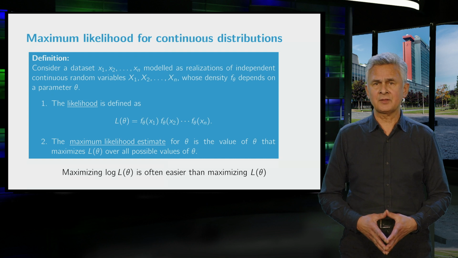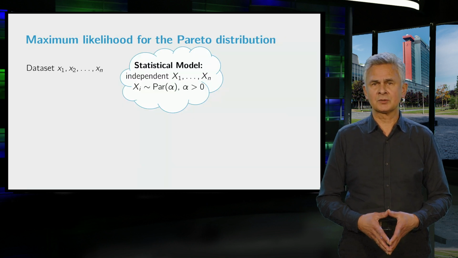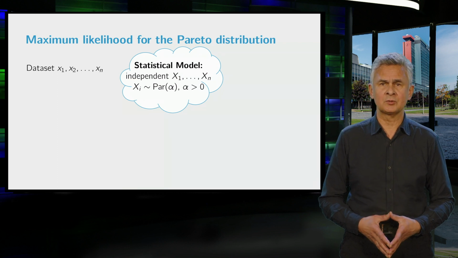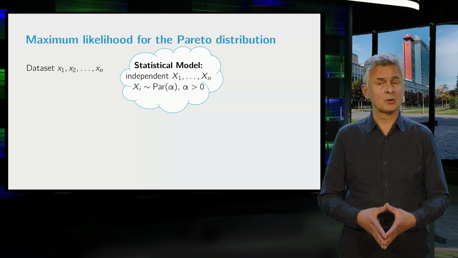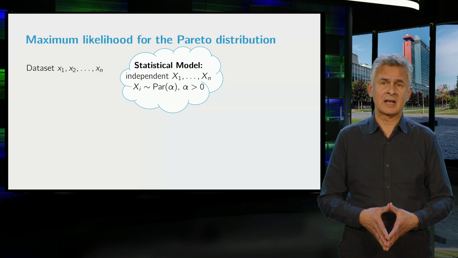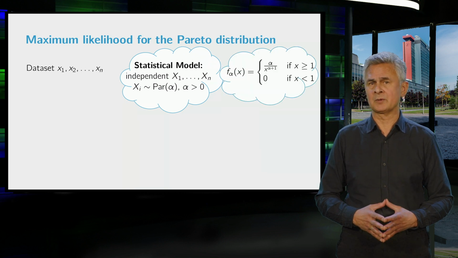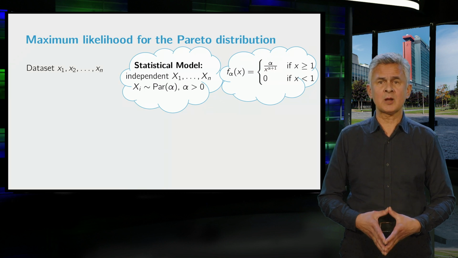Let us illustrate things with the following example. We have a dataset that is modeled as the realization of independent random variables with a Pareto distribution with parameter alpha. So the role of theta is played here by alpha. And the density is given by the following formula. The likelihood is then equal to the following product.